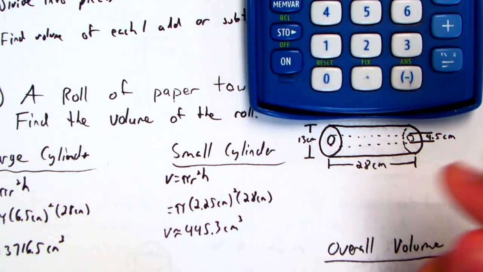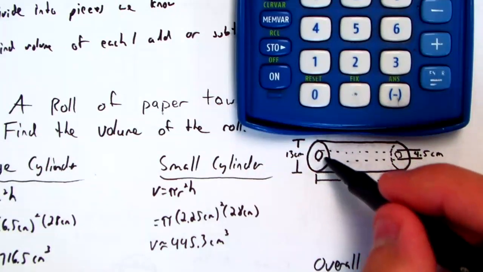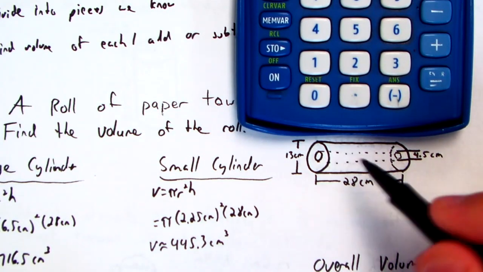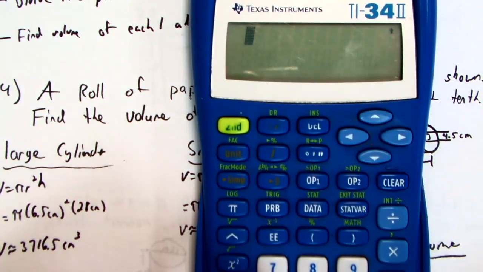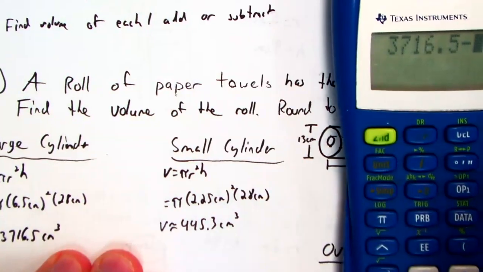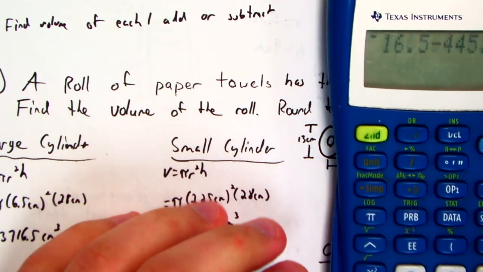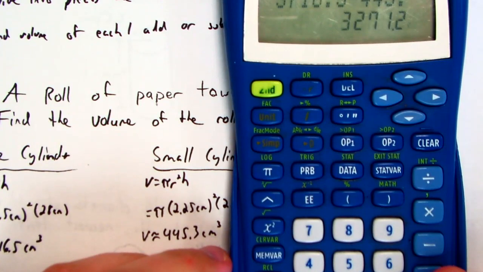Next thing I'm going to do is, because this small cylinder is being taken out of the big cylinder, I'm going to subtract these two numbers. So 3716.5 minus 445.3 for a total volume of 3,271.2.